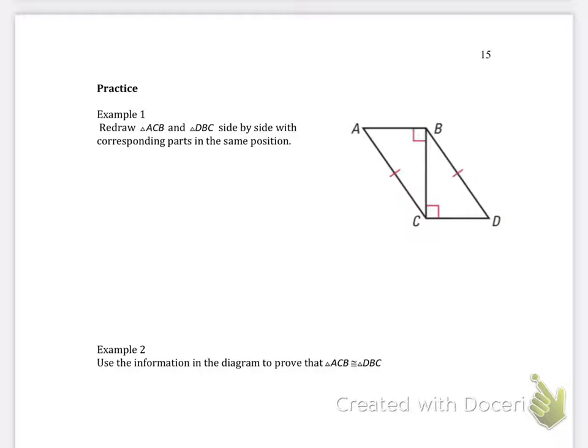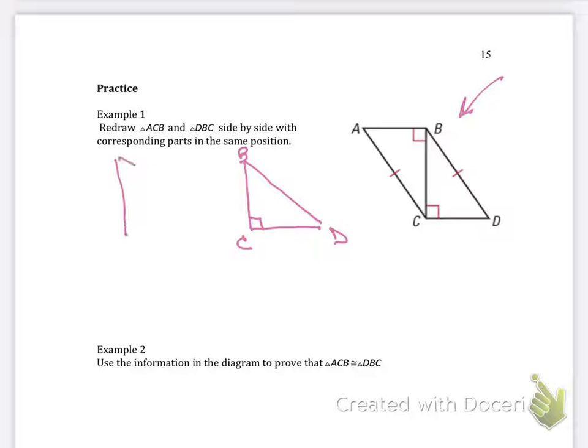Okay, let's try some practice. Okay, so first off, they want you to separate this sketch right here into two triangles side by side with corresponding parts in the same position. Okay, so I'm going to first draw the triangle to the right. That is CBD.